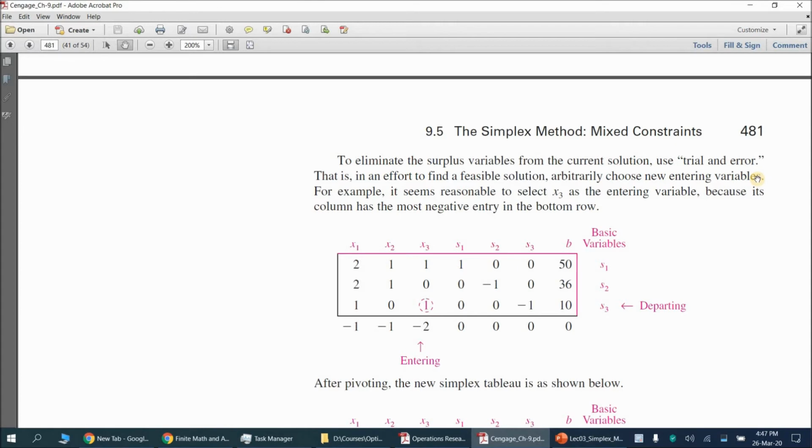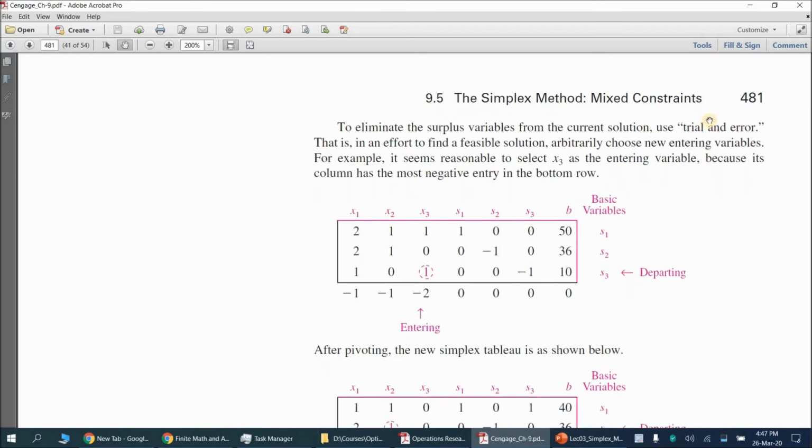Trial and error method is also called the hit and try method in some books. It means we will keep on trying, and there will be an error and we will try another until we see a success. So there is no guarantee. That's why this approach is bad, and that's why artificial variables are preferred in many cases.